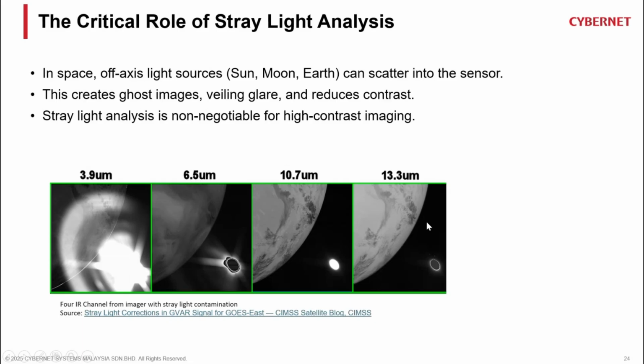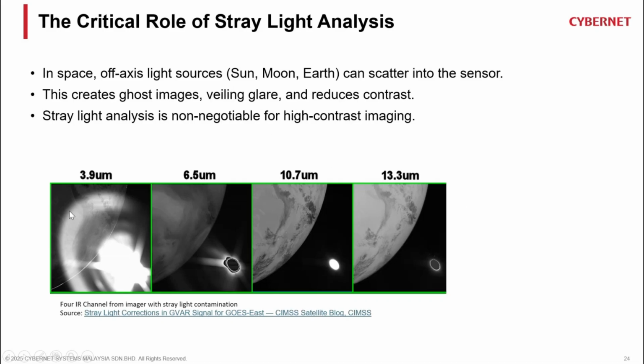Okay, so this system design will go through stray light analysis. The stray light can come from off-axis light sources, like the sun, moon, and earth, scattering into the imaging sensor. This will create ghost images, glare, and also reduce the contrast. Stray light analysis is non-negotiable for high contrast imaging.